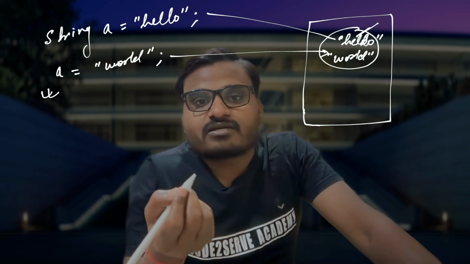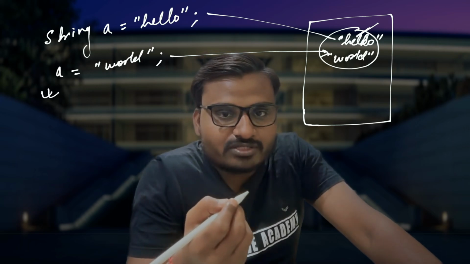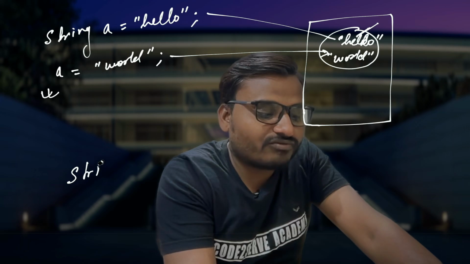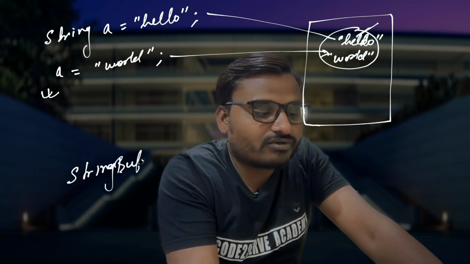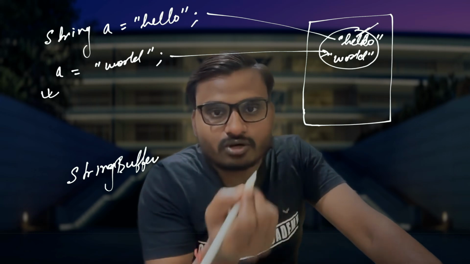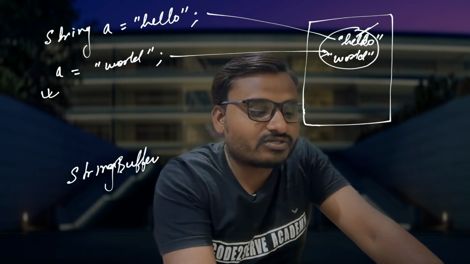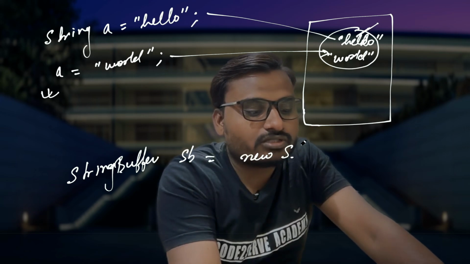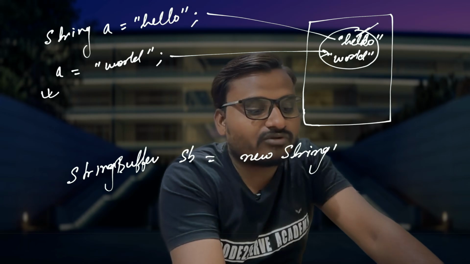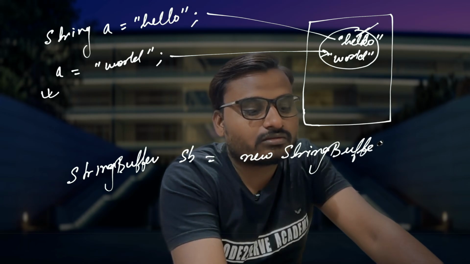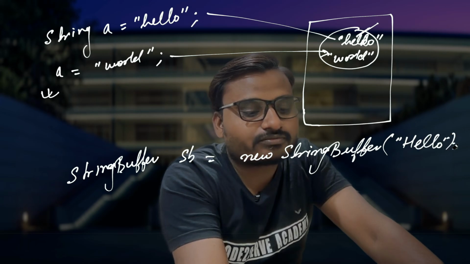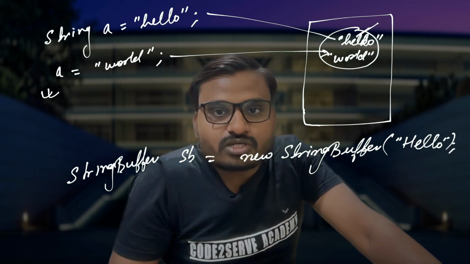String buffer is mutable. That means what happens if you declare using a string buffer. Suppose there is a string buffer, similar to how we declare a string. So using an object, we can write here string buffer sp is equals to new string buffer, and here suppose I pass hello, right? So now what happens?